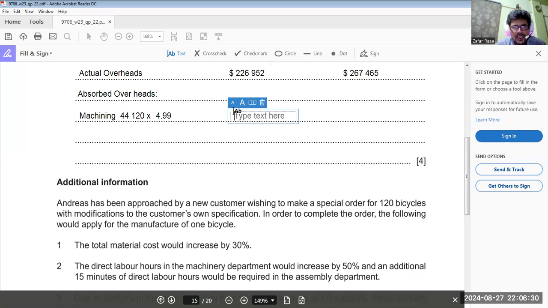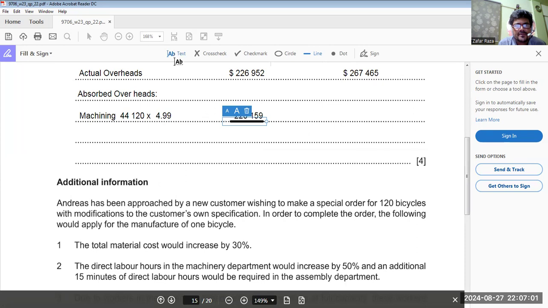It should be 220,159. So what would we say about it? We have under absorbed.